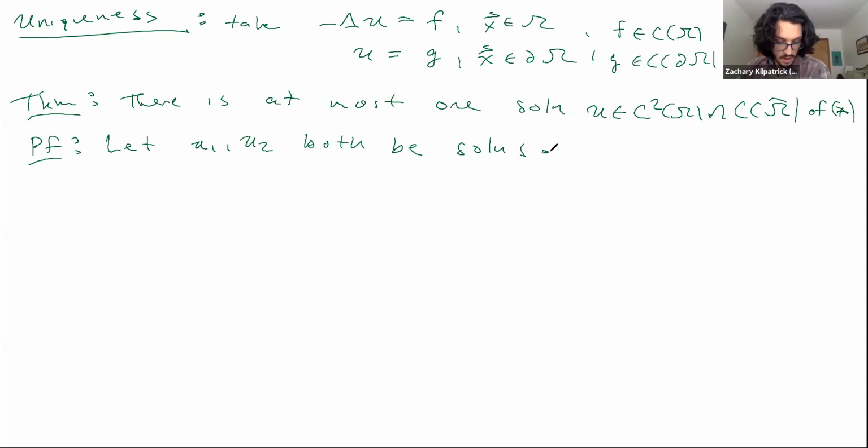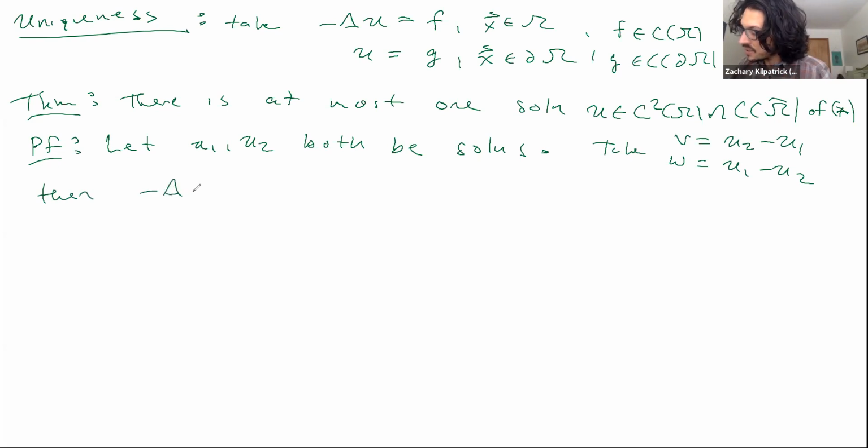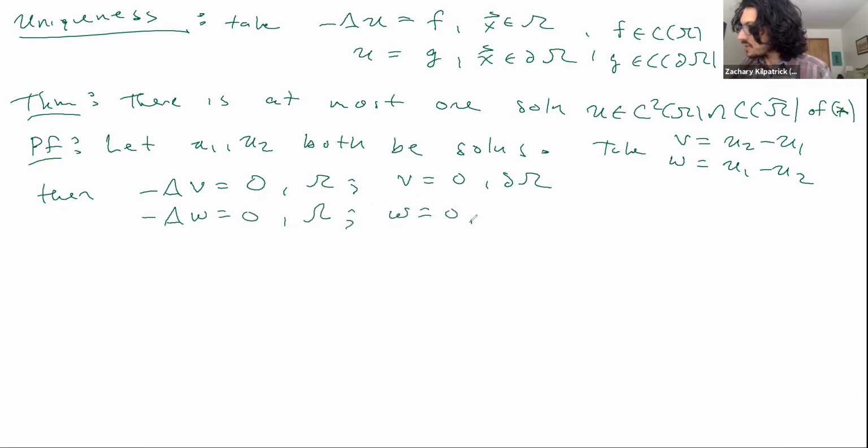So if we take V equal to U2 minus U1, and W equal to U1 minus U2, then we have that minus Laplacian of V equals 0 on omega, and V equals 0 on the boundary, minus Laplacian of W equals 0 on omega, W equals 0 on the boundary, okay?